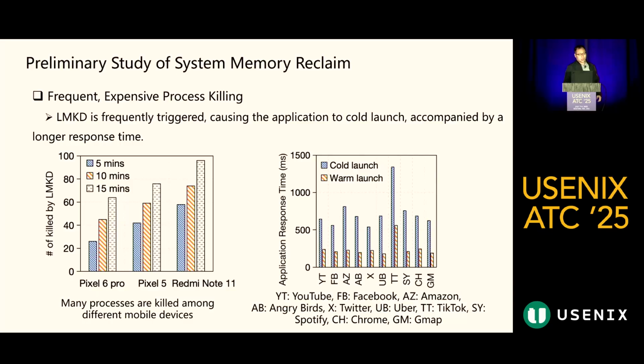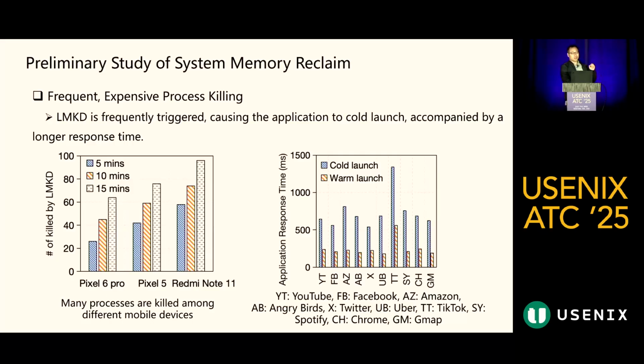Okay. So in order to understand the issue for this path, we have done experiments on several real mobile devices, including Pixel 6 Pro, Pixel 5, and Redmi Note 11. From our experiment, we found the low memory killer daemon is frequently triggered.